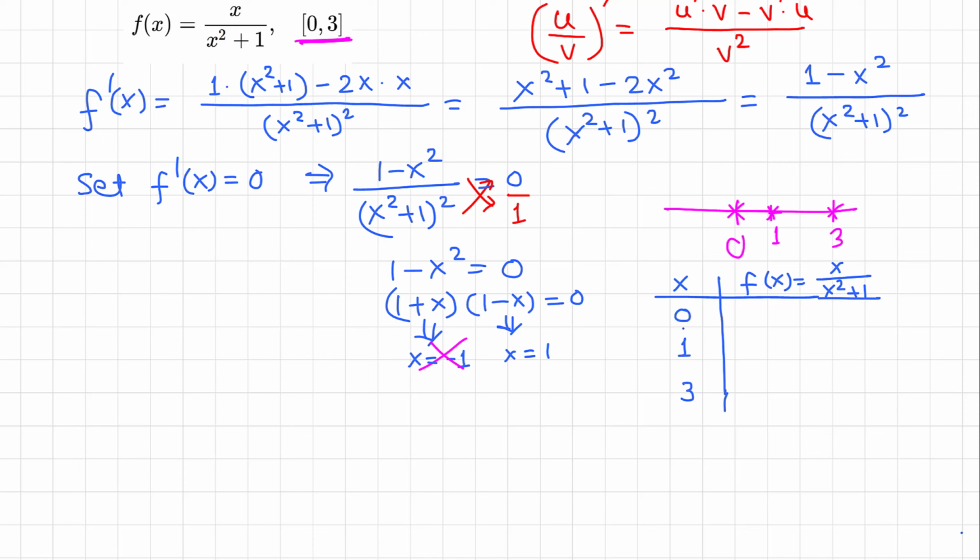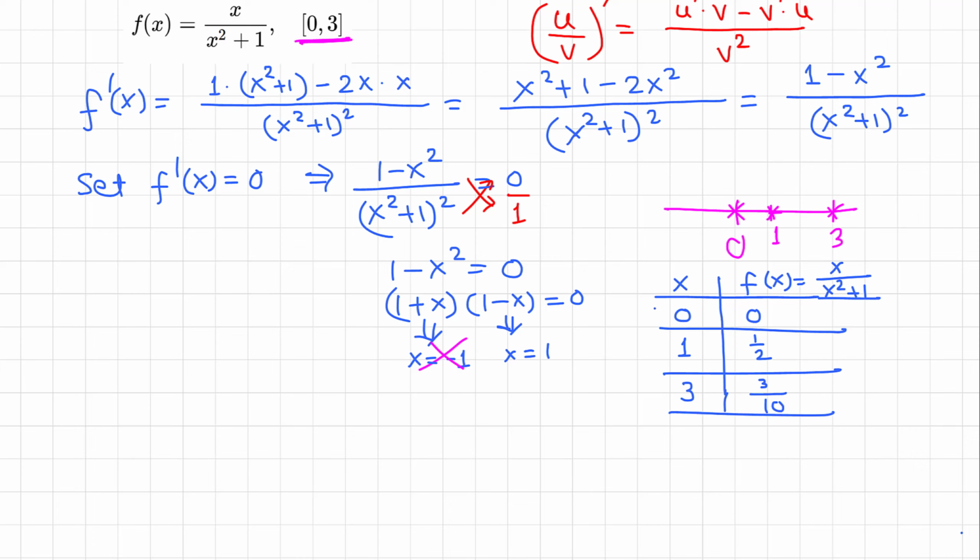So 0 over 0 squared plus 1, 1. 0 over 1 is just 0. Okay. Let's plug in 1. So 1 over 1 squared plus 1, 2. 1 over 2. Let's plug in 3. So 3 over 3 squared, 9 plus 1, 10. 3 tenths.